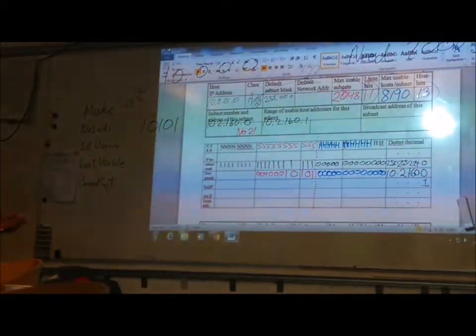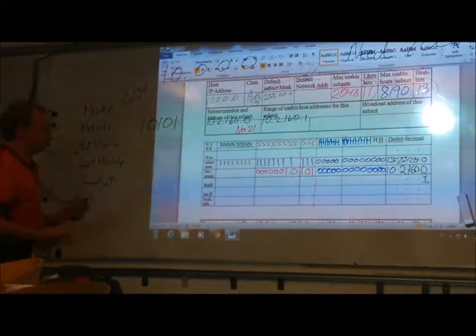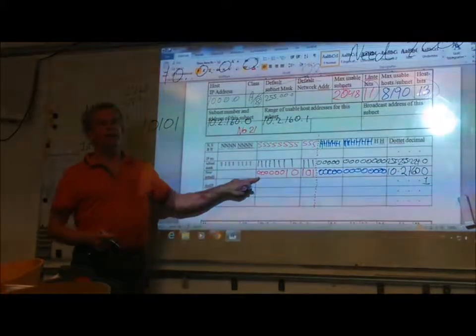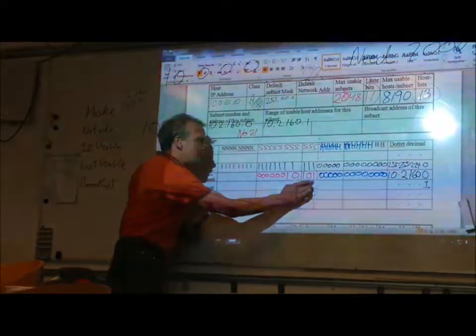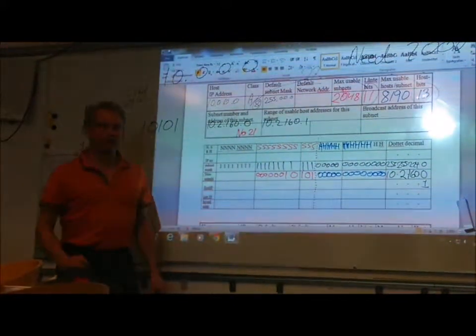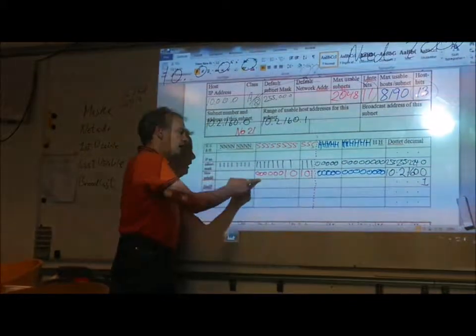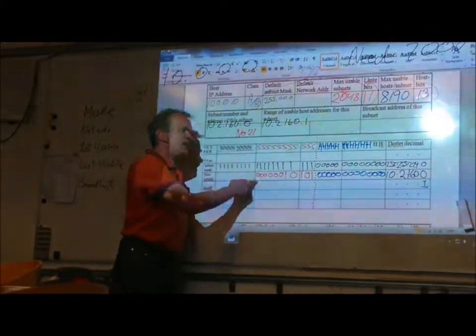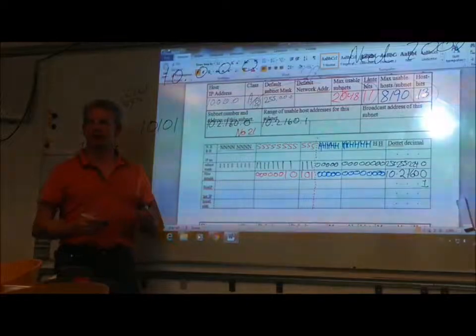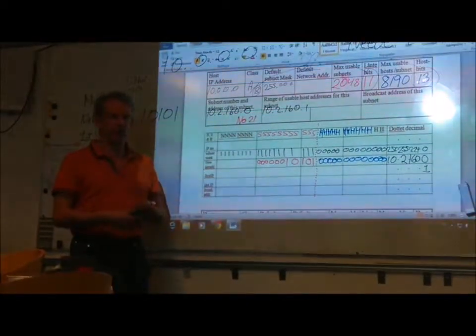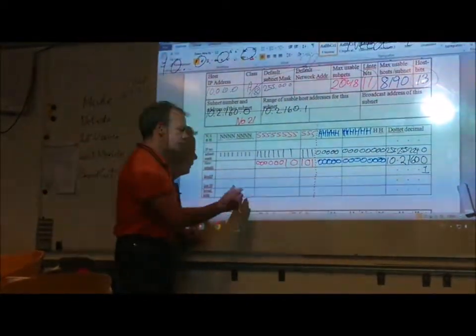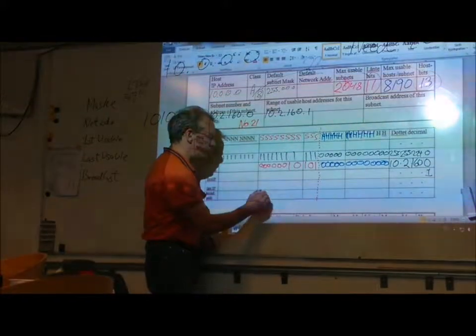Okay, broadcast address. Remember, we need to find the broadcast address in this network. That means those network bits need to be that pattern, nothing else. If it changes, it's another network. So simply copy the bits.